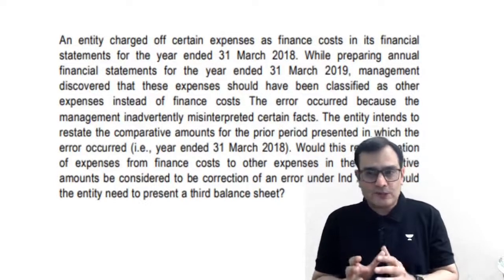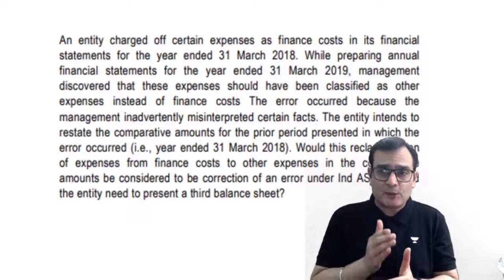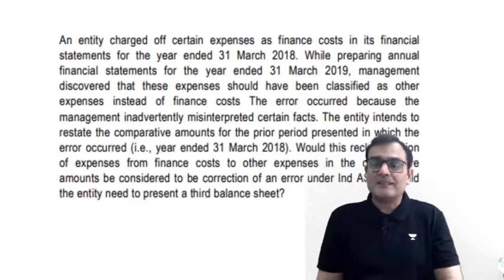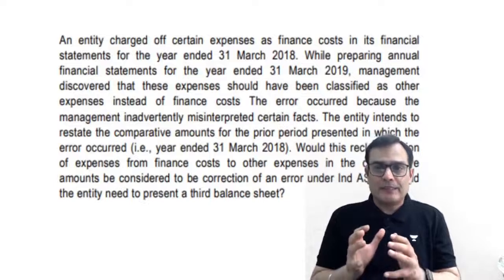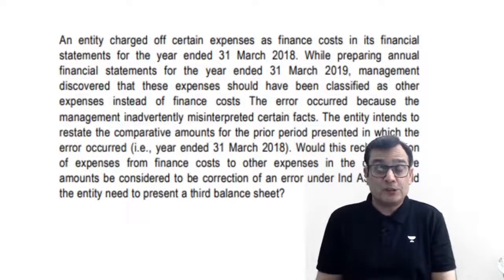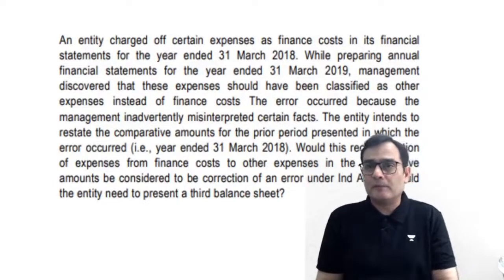So the focus in terms of the third balance sheet is that it should impact the asset or liability, not income and expense. That is what we need to take care of when we are looking at an error rectification, a change in policy or a reclassification. In all the cases, the most pertinent question is that the opening balance sheet, the third balance sheet, should affect an asset or liability.